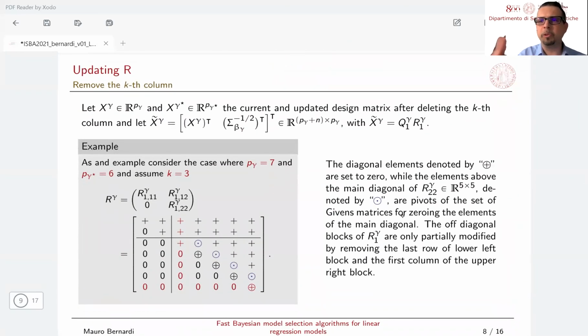When we move to the problem of removing the kth column, the computational task is a little bit more involved.